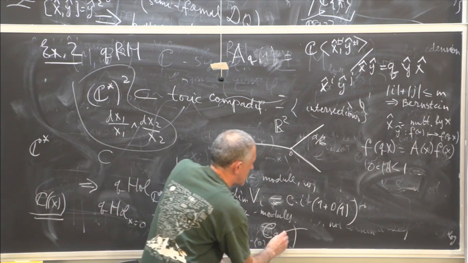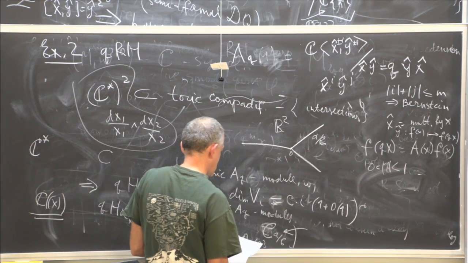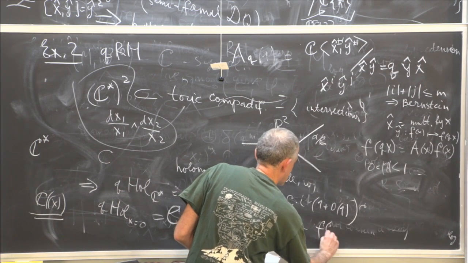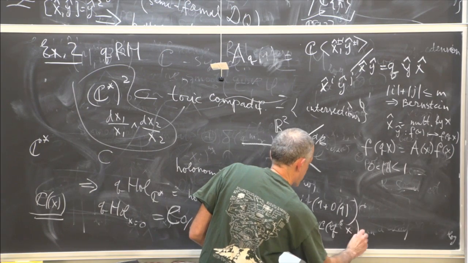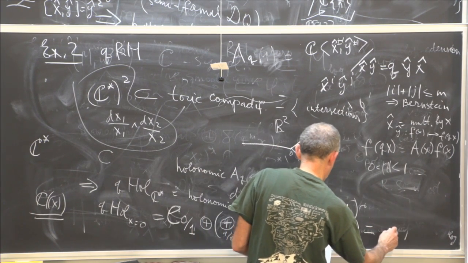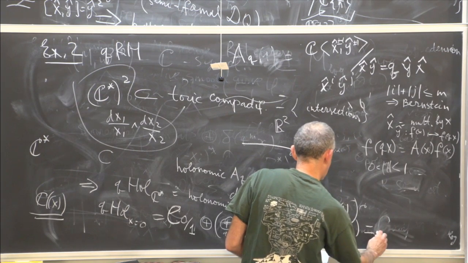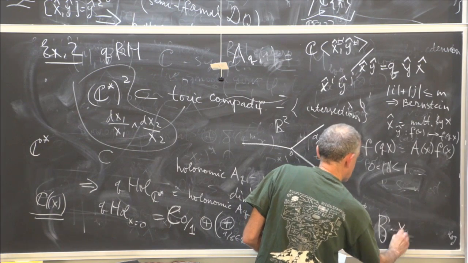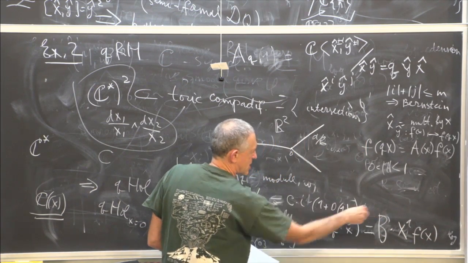Now, these are basic modules which correspond, better to say, to difference equations of the following type. It's some constant, I don't know what constant, say b, x to the a, f of x. This is some matrix.